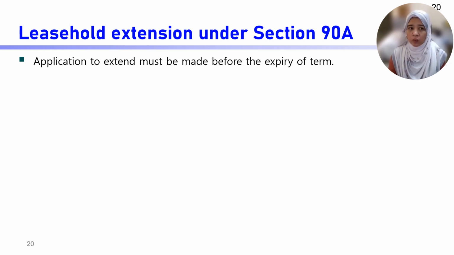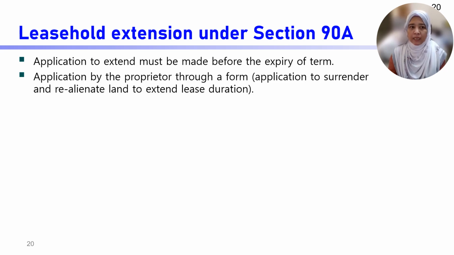So for extension, again, the application to extend must be made before the expiry of the term. The application is made by the proprietor, the land owner, through a special form. This form follows the surrender and re-alienation procedure to extend the lease duration.